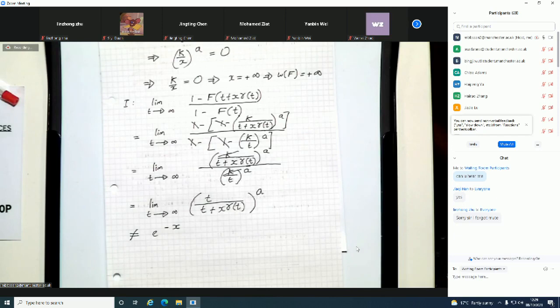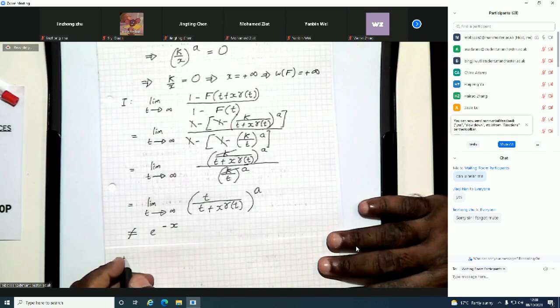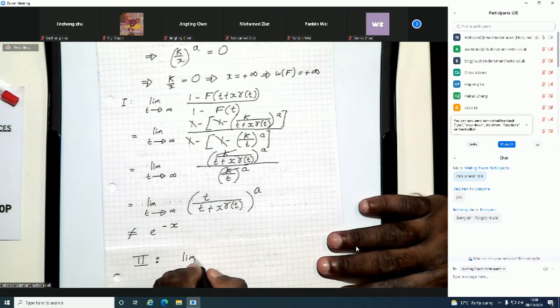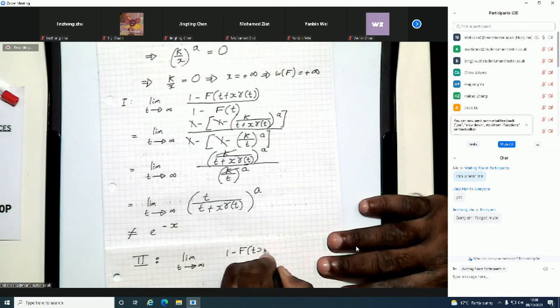So let's go to condition 2. So we're going to check condition 2. Remember, condition 2 says the following: is the limit as t goes to infinity of this?